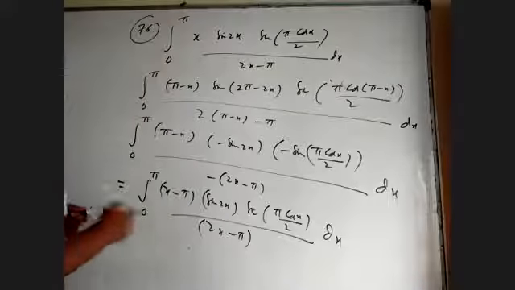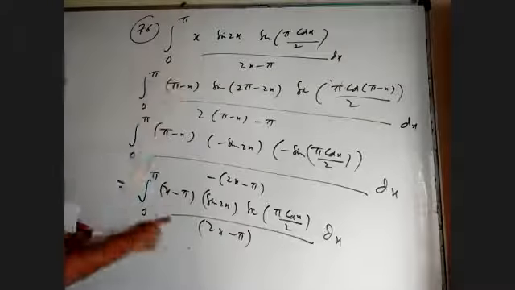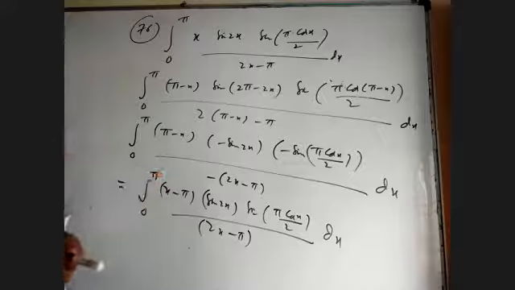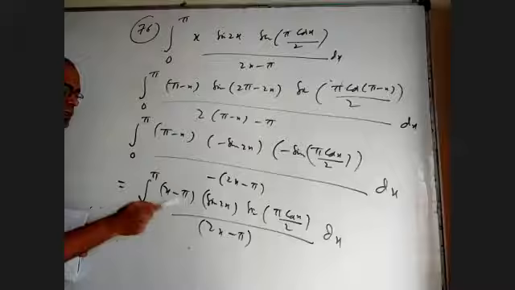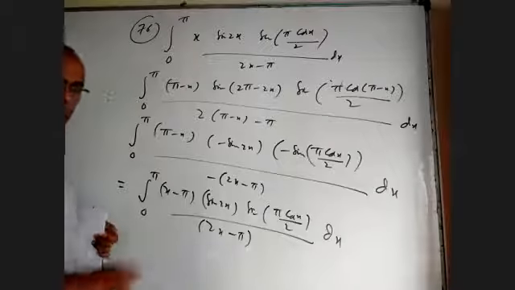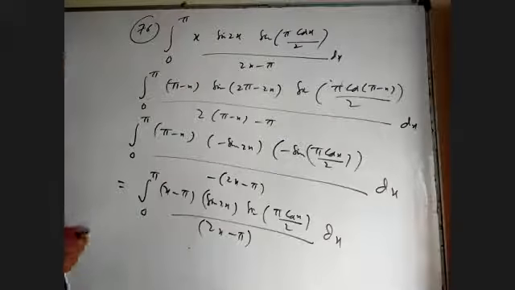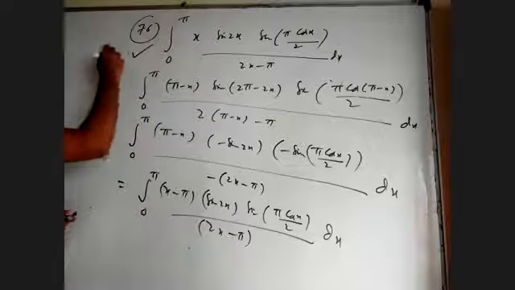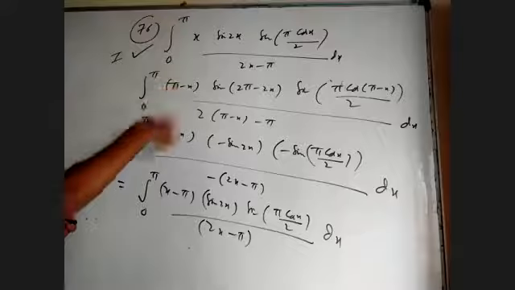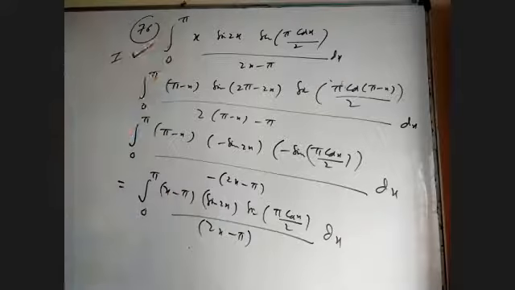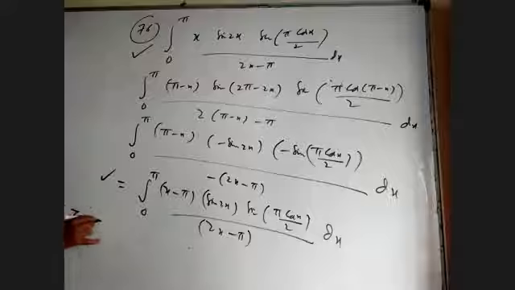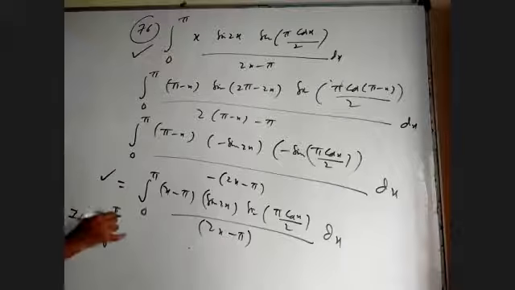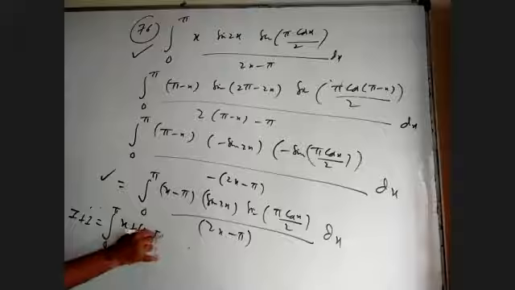One may say pi minus x would have been more useful because when I add this and this, that x and that pi minus x will cancel. No, this is only more useful. Why? When I add these two, x plus x minus pi will come 2x minus pi, which is there in the denominator. So I want to cancel that. This is the original I, and when you replace x with a minus x and simplify, and then add I plus I, this one and this one, I'll get 0 to pi x plus x minus pi.